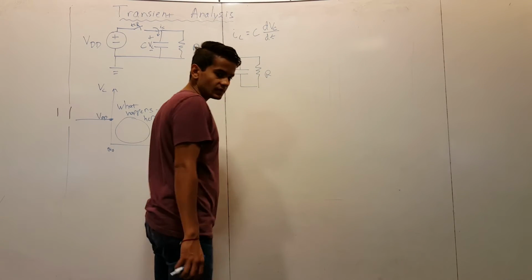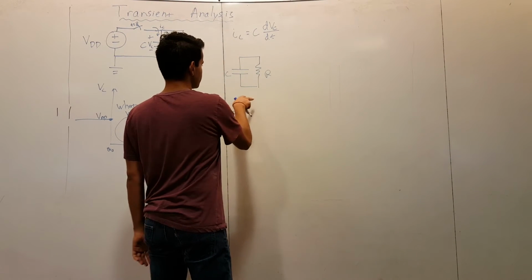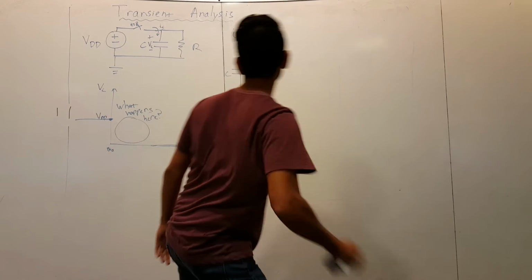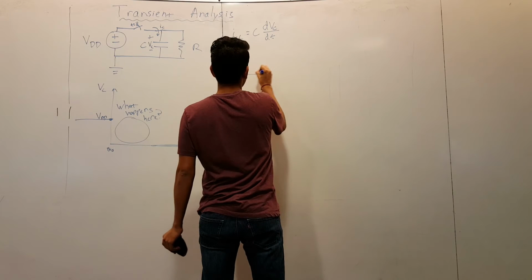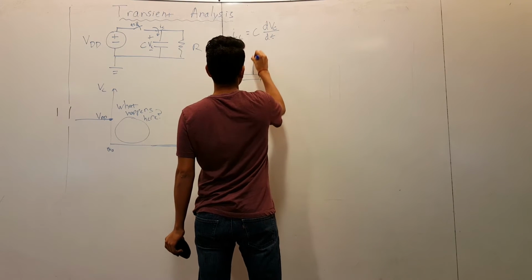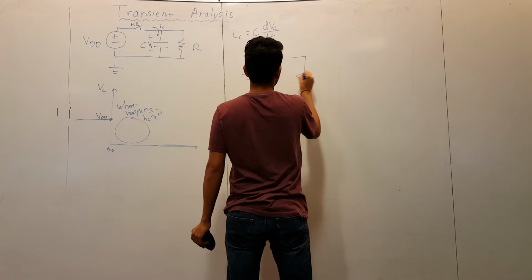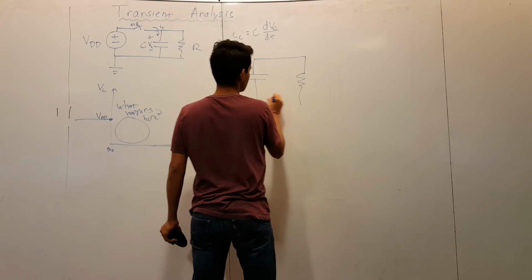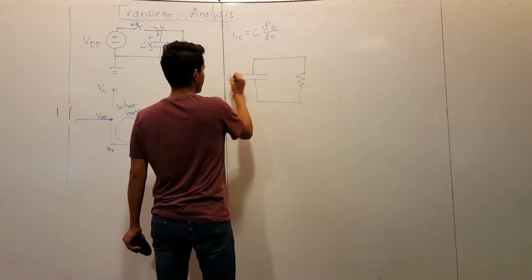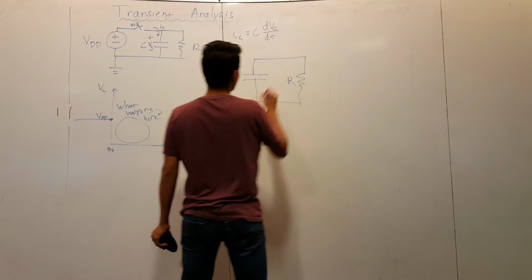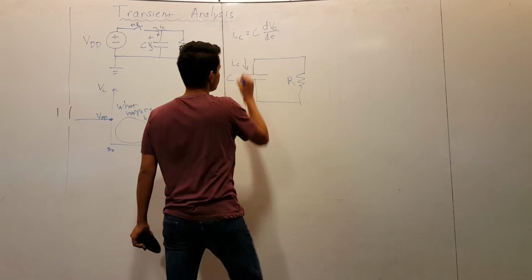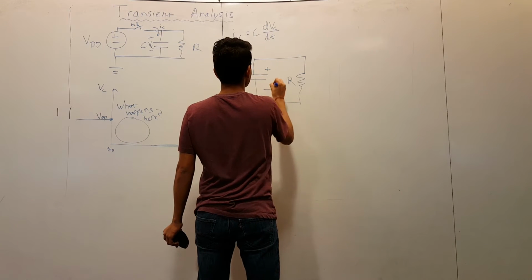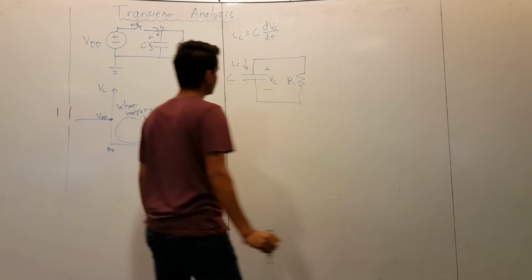To do that, we need to look at the circuit. Let me draw this a little bit bigger so we can mark it up. Capacitor, resistor. Let's define IC going into the capacitor, and then plus and minus VC across the capacitor.